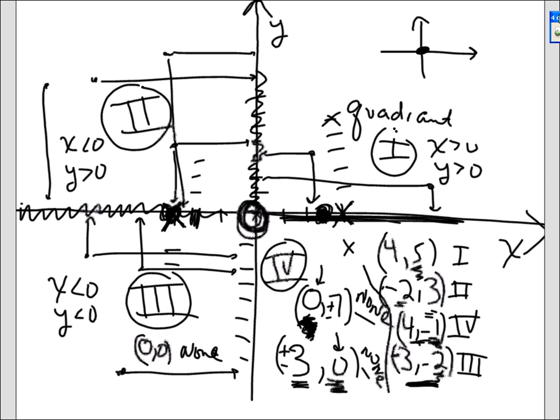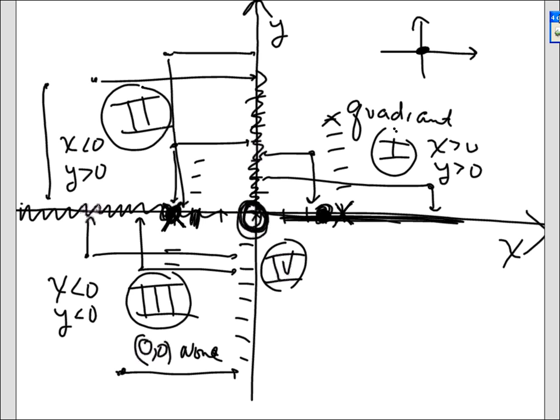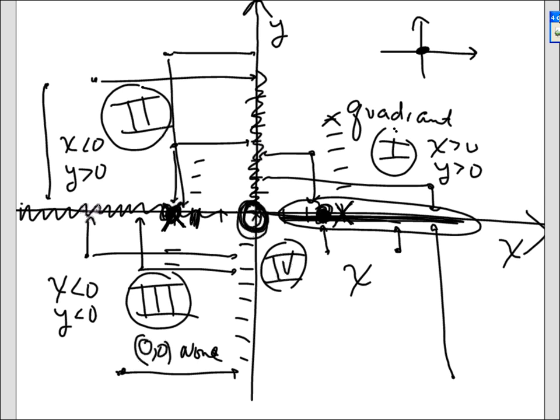In quadrant 4, where we wrote all over the place, let's clean that up a little bit. And let's talk about the x and the y's. The x values, they're always positive, because it's on the positive half.